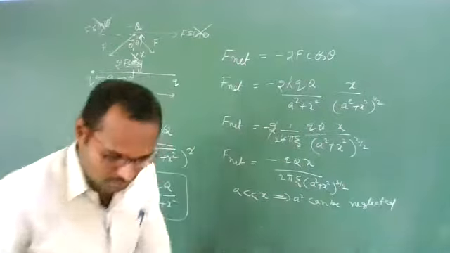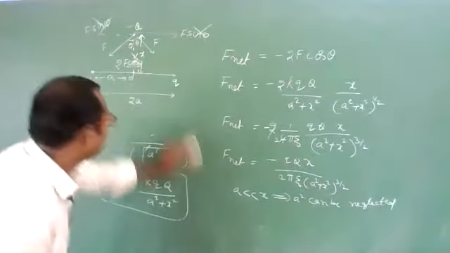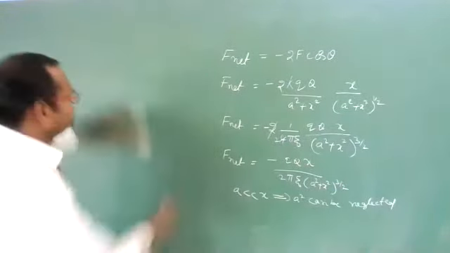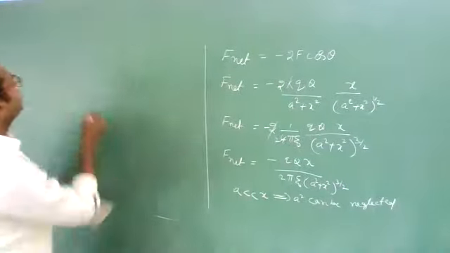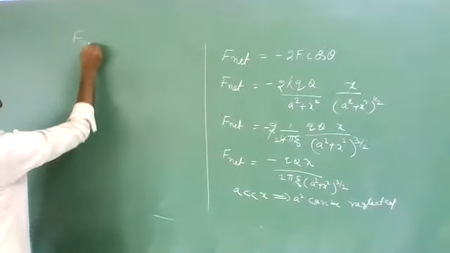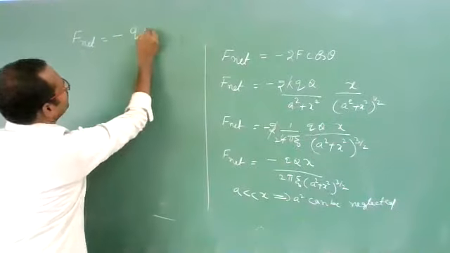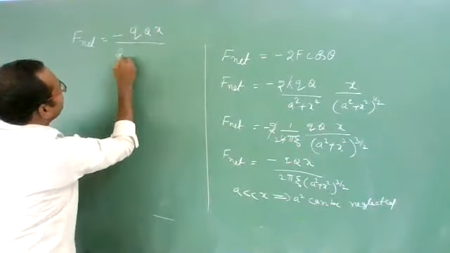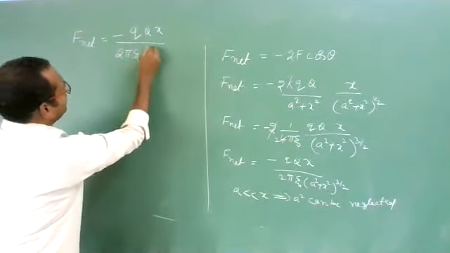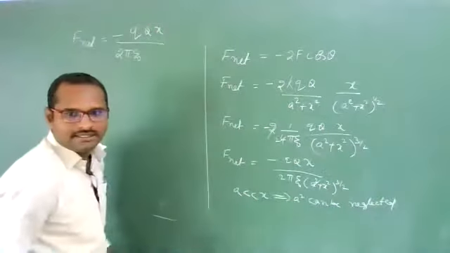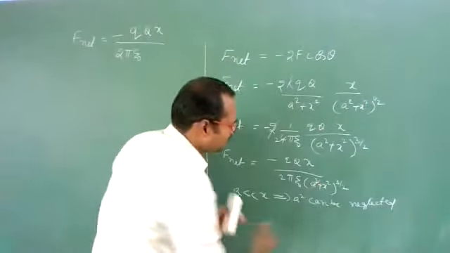So if you neglect that A square, F net force is equal to minus QX divided by 2 pi epsilon naught into X square whole power 3 by 2.